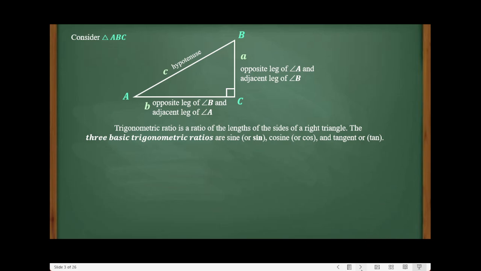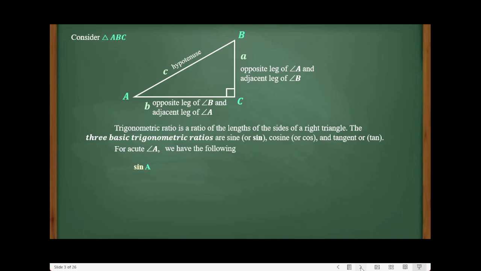At this point, let us consider the ratio of two out of the three sides of this right triangle in reference to acute angle A. For acute angle A, we have the following.